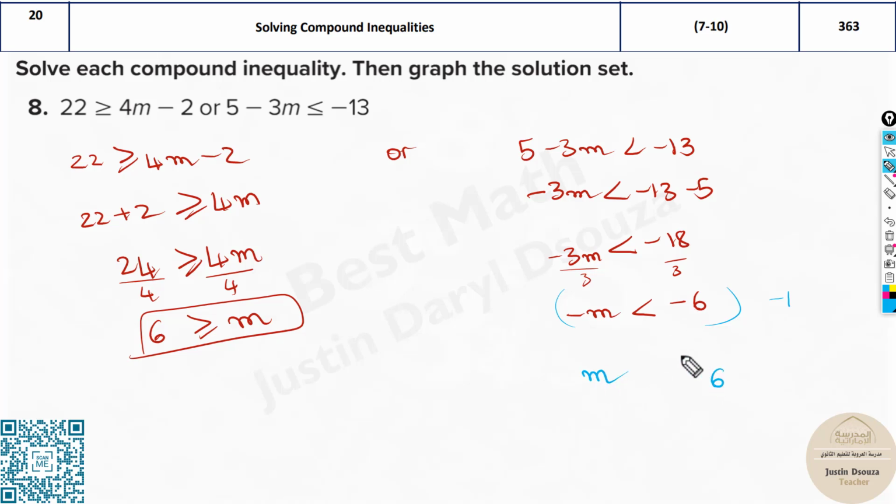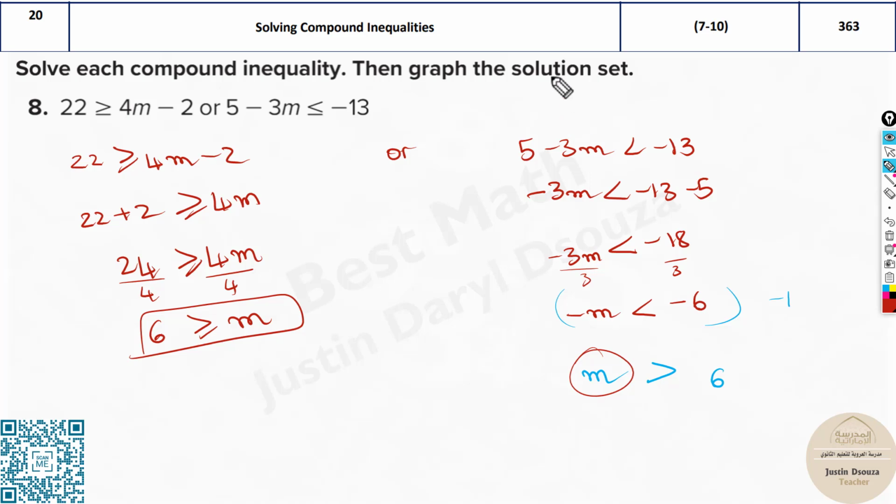This will be positive 6. But when you do this by minus 1, the inequality changes. This is a very important rule. Whenever you have negative m, obviously you need to write it in positive in the final answer. But when you do that, this inequality, whatever is there, changes its symbol. So this is how we do this.